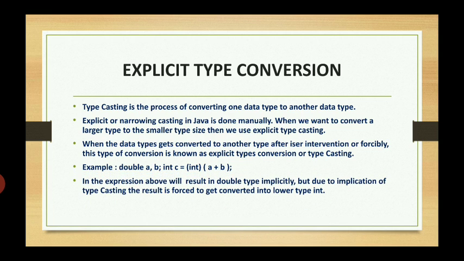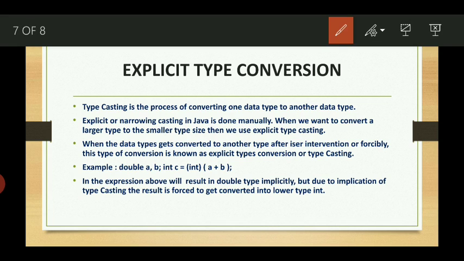So the expression above will result in double type implicitly. Okay, implicitly it will automatically get converted to double type, but due to the implication of typecasting, the result is forced to get converted into lower type of int. Now see, here is the important thing. You all must see this part.